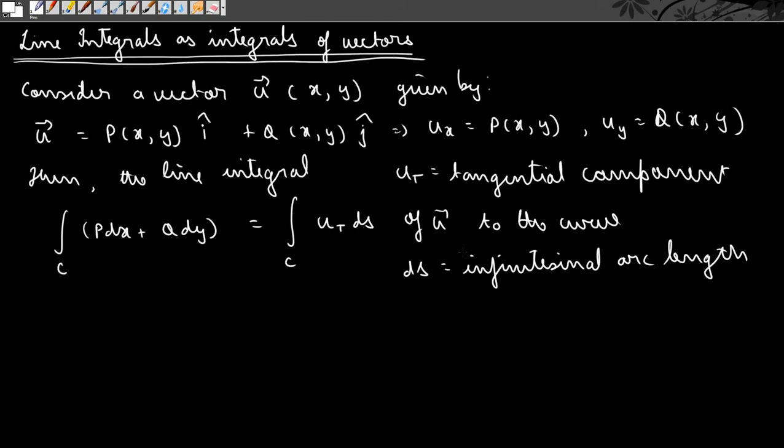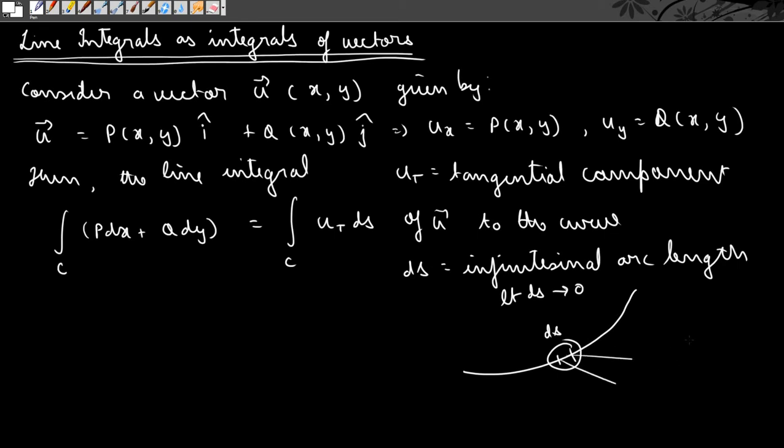To understand this, let us first consider a part of the curve like this and a small segment ds. This is the arc length. As the limit ds tends to 0, this quantity will be very close to a straight line.